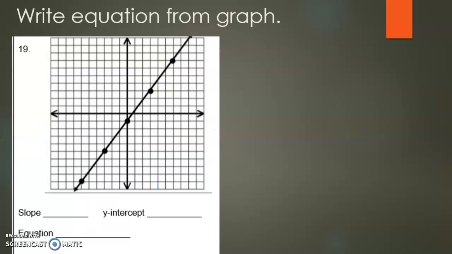If you were to write the equation from a graph, please pay attention to the y-intercept, and that is where it crosses the y-axis. I want an m, I want a b. Here this is negative 1. Oh, y-intercept negative 1.